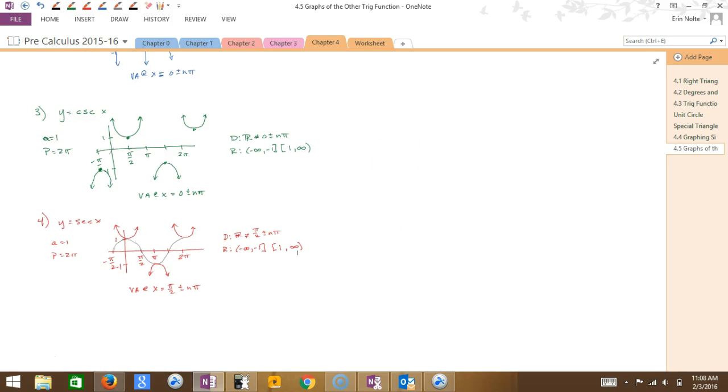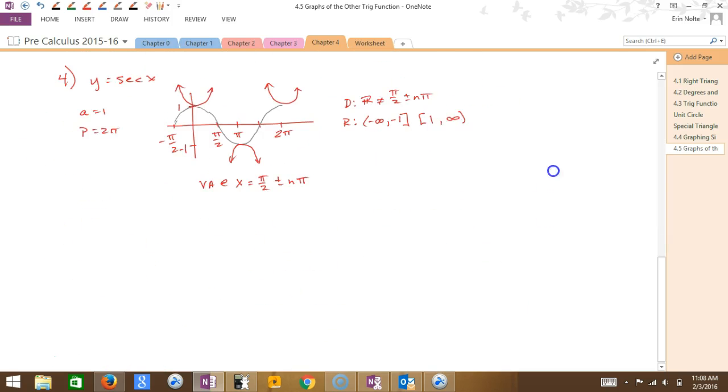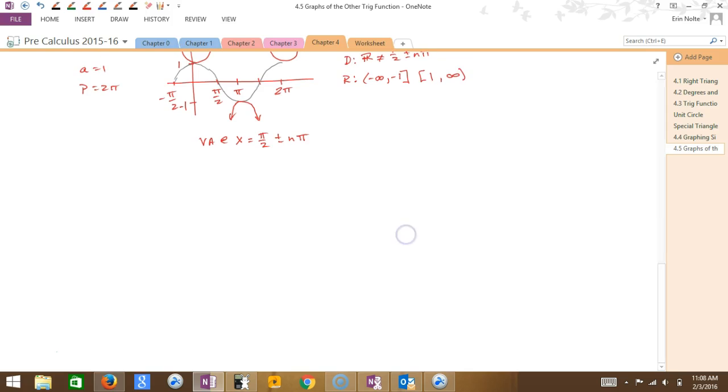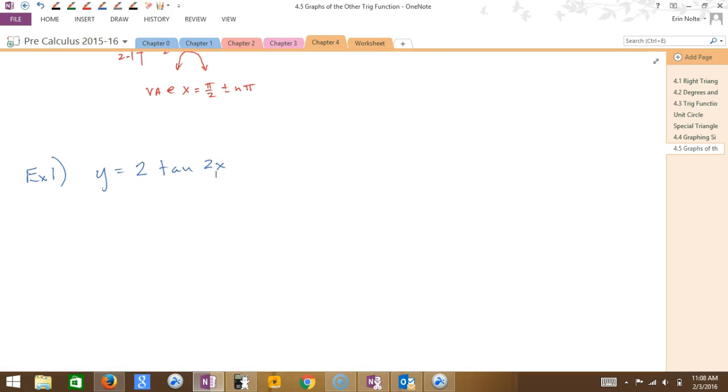Okay, are you ready for this? Let's do a shift. Let's see, we'll do a blue example. So let's do a tangent first. Let's do 2 tangents of 2x. So not incredibly complicated. Oh, let's do a plus.